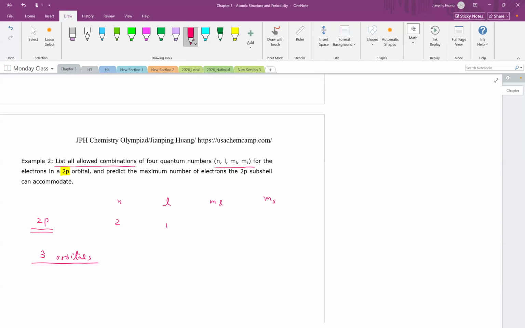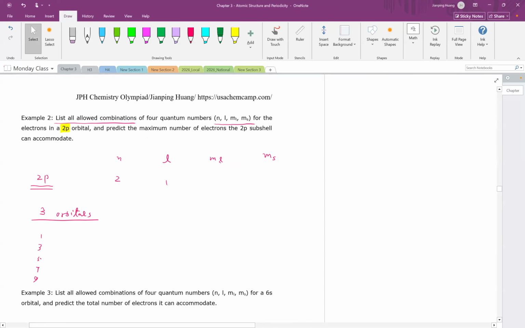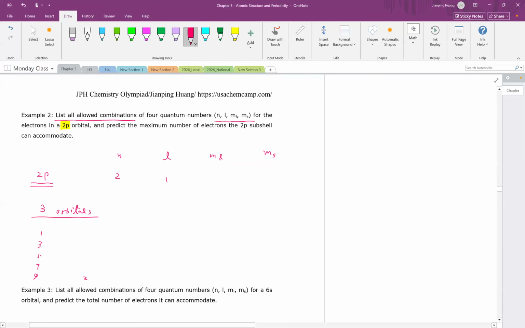For 2p, there's no subshell that has 8 orbitals. No. Right? That can be 1, 3, 5, 7, 9. Where did you get 8? It's 2L plus 1, because you plus 1, you always get an odd number. Think about it.